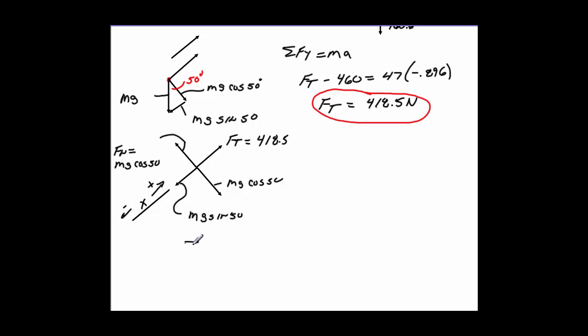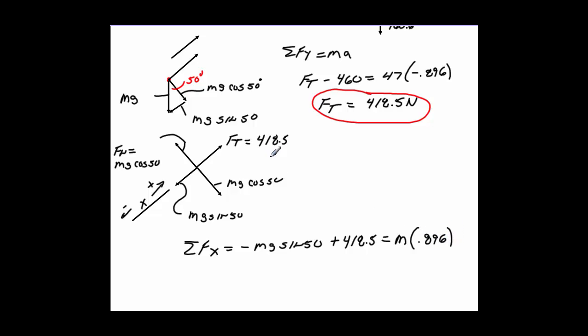So when I sum my forces in the x direction, I'll get minus mg times the sine of 50 plus 418.5 is equal to the mass, m, multiplied by the acceleration, which is 0.896.